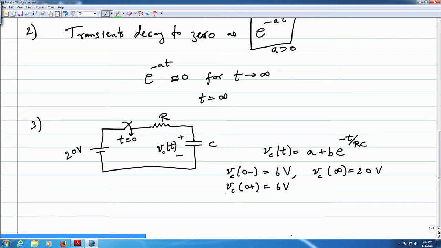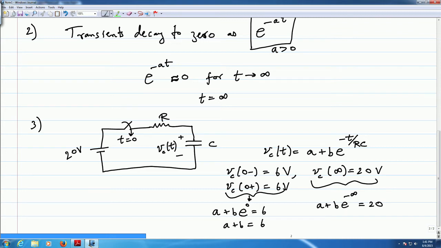Now, this equation will give you a plus b e power 0 equals 6, and this equation will give you a plus b e power minus infinity equals 20. Now, e power 0 is 1, so you have a plus b equals 6, and here e power minus infinity is actually 0, so you simply have a equals 20.